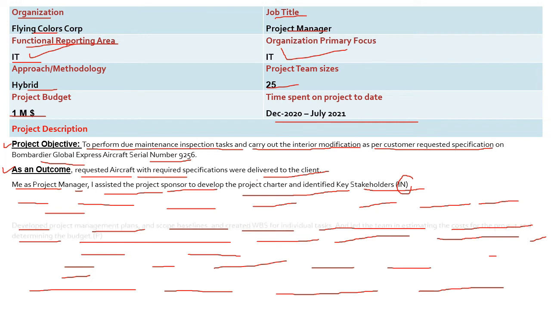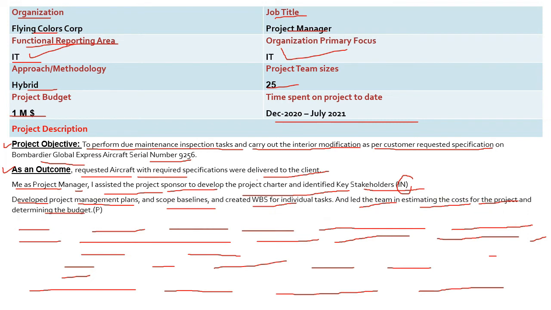Now similarly, you write the activities which you were involved in as part of project planning. Here you can write: developed project management plans and scope baseline, created WBS for individual tasks, and led the team in estimating the cost for the project and determining the budget. These are all activities done as part of project planning.